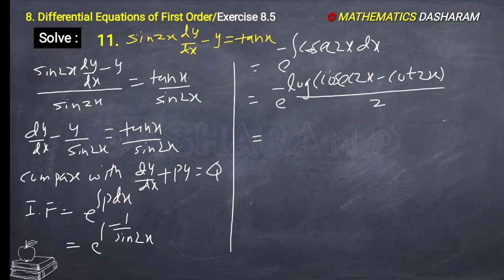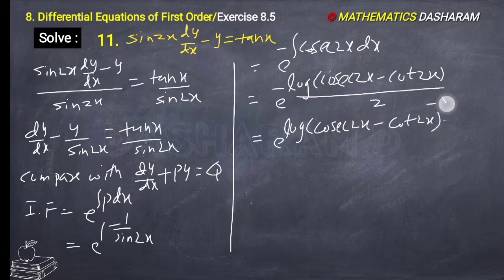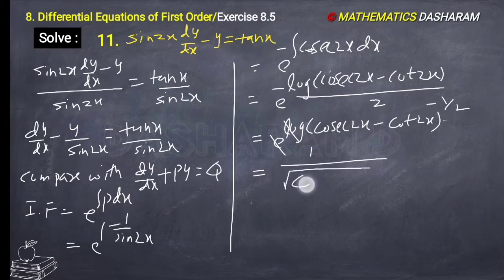So e to the power of (log of (cosec 2x minus cot 2x)) to the power of minus 1 by 2. e and log cancel. So 1 by under root (cosec 2x minus cot 2x) is the integrating factor.